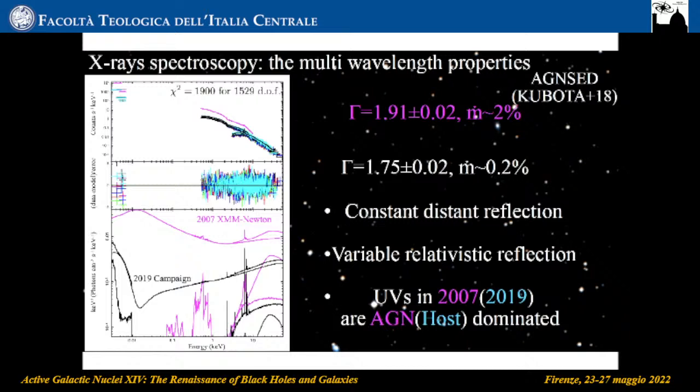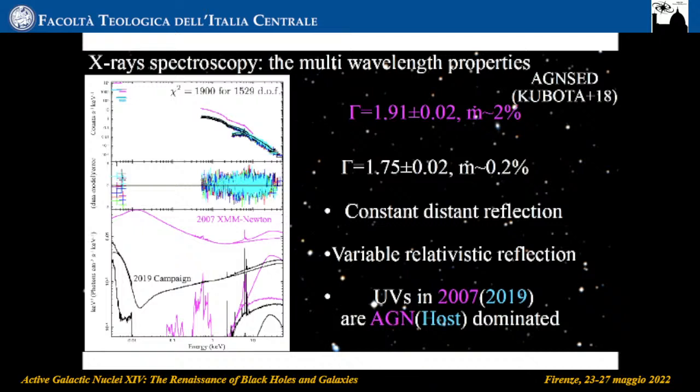So here are the models we use to model the data, which are quite well modeled, and you can see different things. For instance, first of all, the relativistic reflection varied a lot. The distant reflection was constant among these years. We are spanning sort of 15 years. And then the power law here is quite hard.